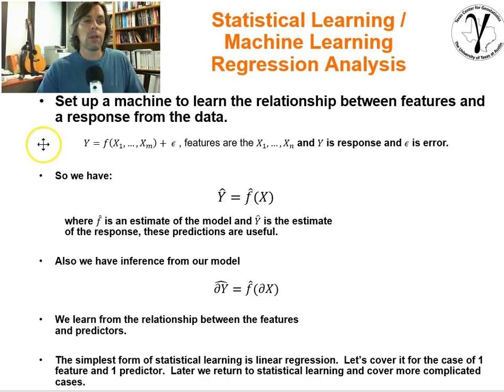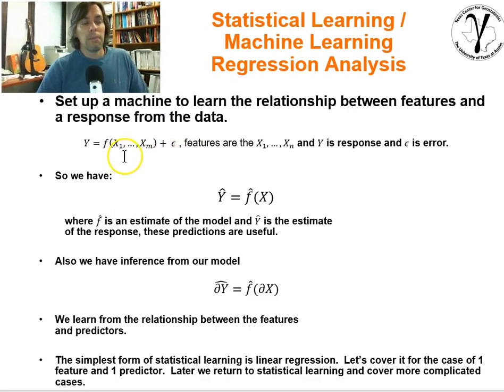We're trying to formulate a relationship between a series of predictors or features, which are represented by x1 through xm, where m is the number of variables or features available to you, and you have a response. For this case, we're just considering a single possible response, y. And so we also would imagine that in this model there will be some degree of error. We won't have a perfect match to our data.